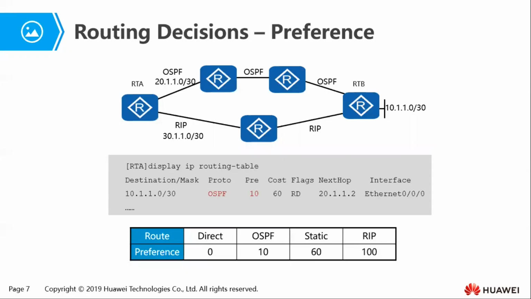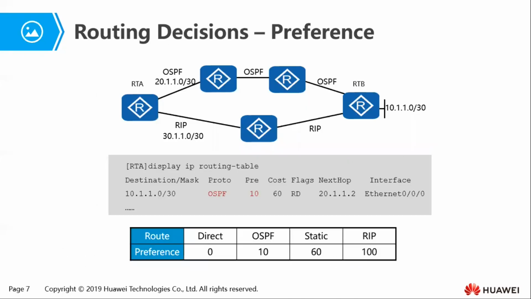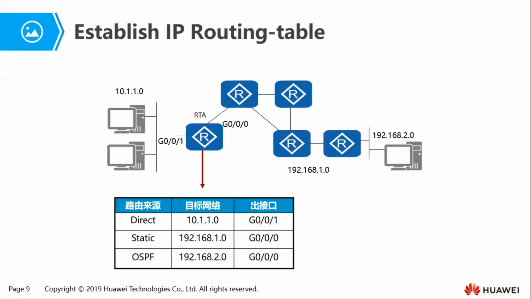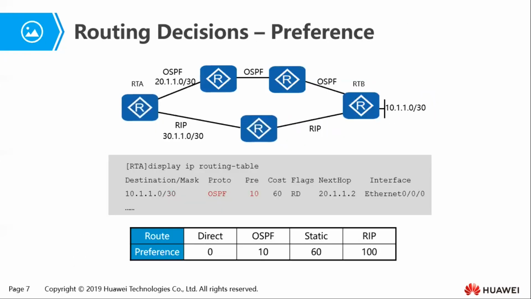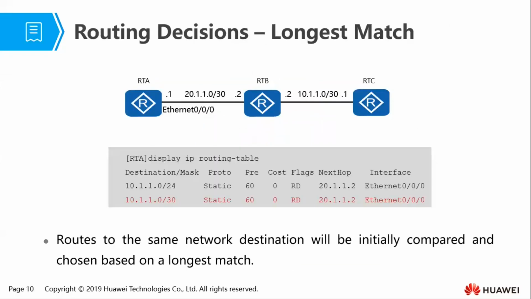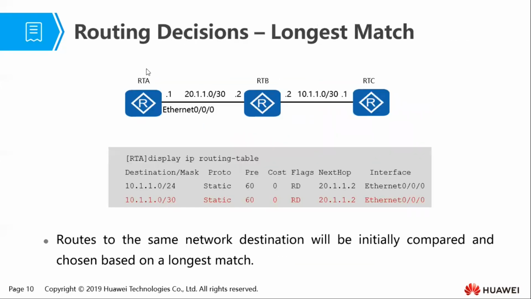Okay, so let's look at how the routing decisions are made. I think there was a problem in laying out these slides, but generally this is how the routing decisions are made.